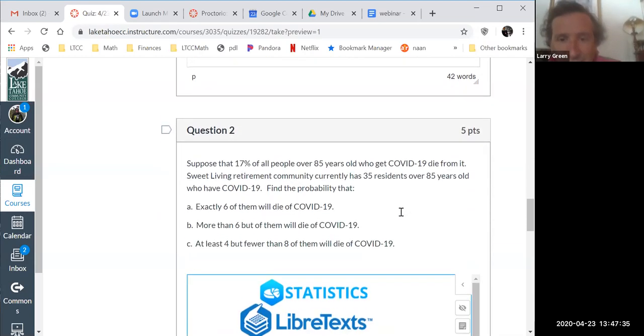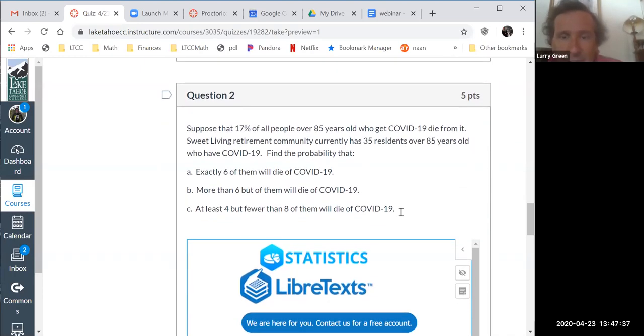Okay, let's look at question 2. Question 2 is a little depressing, but you know, it's reality nowadays. Suppose that 17% of all people over 85 years old who get COVID-19 die from it. This, by the way, is something that I did look up, and there were conflicting numbers, but they were typically between 15 and 20%.